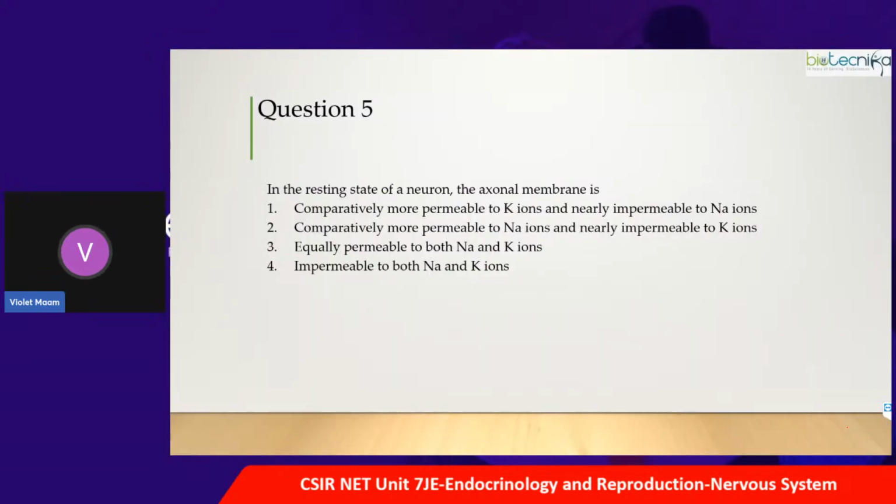Now moving on to the next question. The next question is again related to the nervous system. It says, in the resting state of a neuron, the axonal membrane is... you have to tell the right statement. What is happening to the axonal membrane?